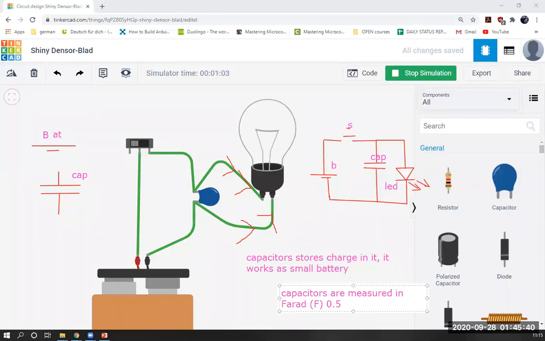Like this, we give some values: 12 farad, then 900 millifarad, something like this. So these are the values of capacitors. If you want, you can take a screenshot of this.